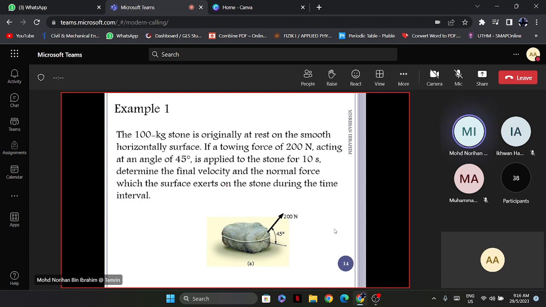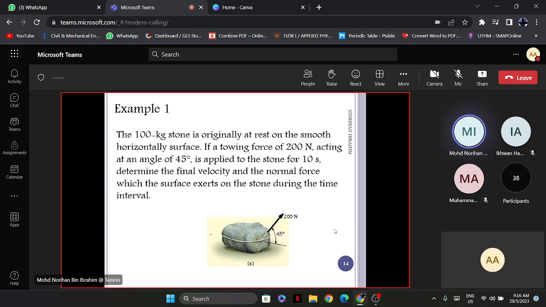Example 1: the 100 kilogram stone is originally at rest on a smooth horizontal surface. Which means that if they say smooth horizontal surface or smooth surface, it means there is no frictional force.